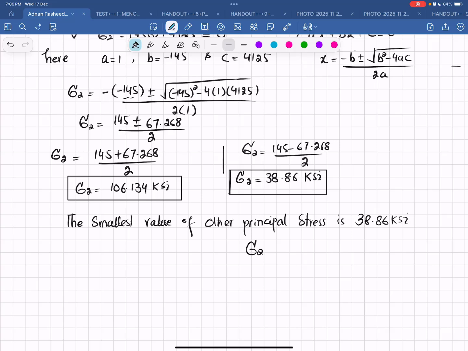So sigma 2 will be 38.86 ksi. And this will be our final answer.